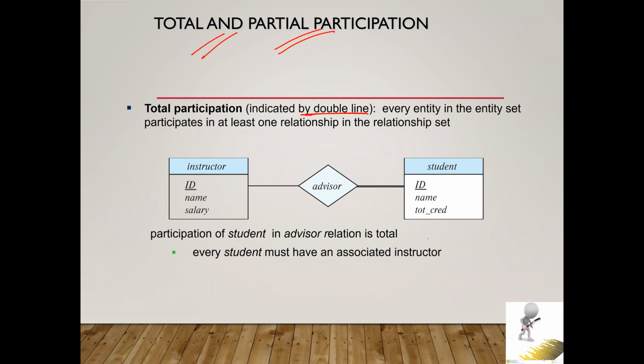Let's see. You have an A and you have a B. Let's say I have A1, A2, A3, and A4, and B1, B2, B3, and B4. I have an entity set called A with 4 entities, and B, which has 4 entities. Now look here.